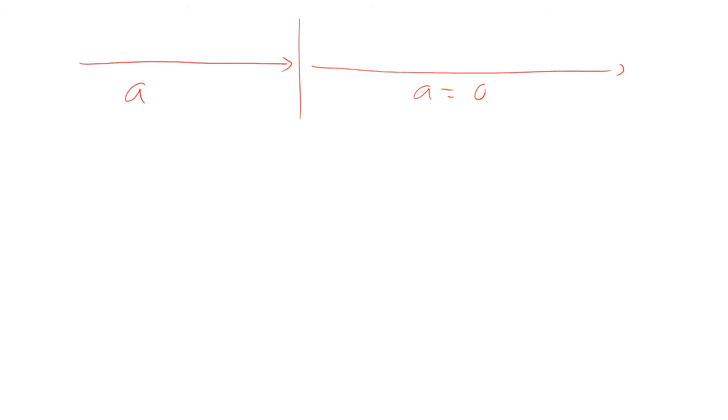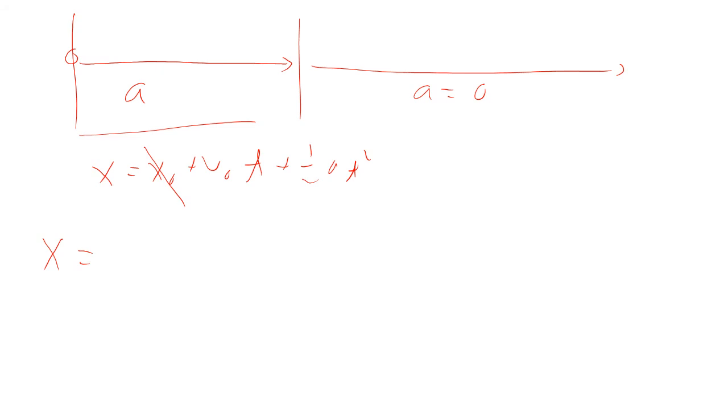Well, you look at it and say, for this part right here, x is going to be x naught plus v naught t plus 1/2 a t squared. Now we're going relative to the road, so put the origin right here. So we need the velocity relative to the road.